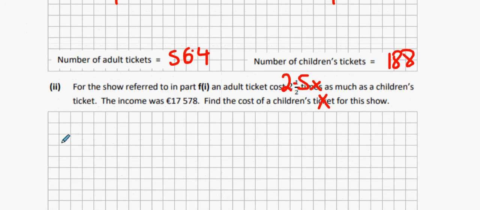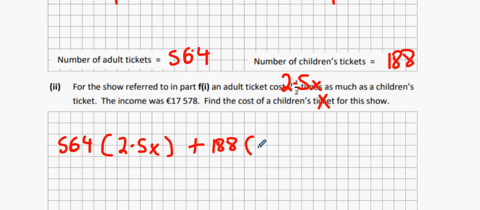Now think about how you calculate your money. It's the number of adults multiplied by the cost of one adult ticket. What's the cost of one adult ticket? 25 euros. Sorry, that's in the old question. In the new question, it's 2.5x, 2.5 times the children's amount. Add it on to the number of children multiplied by the cost of the children's ticket, which will be X. This gives you the amount of money your show brought in.